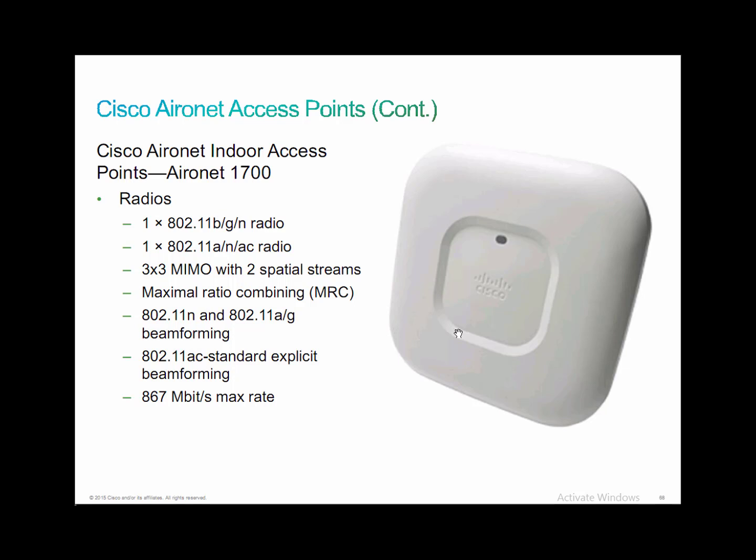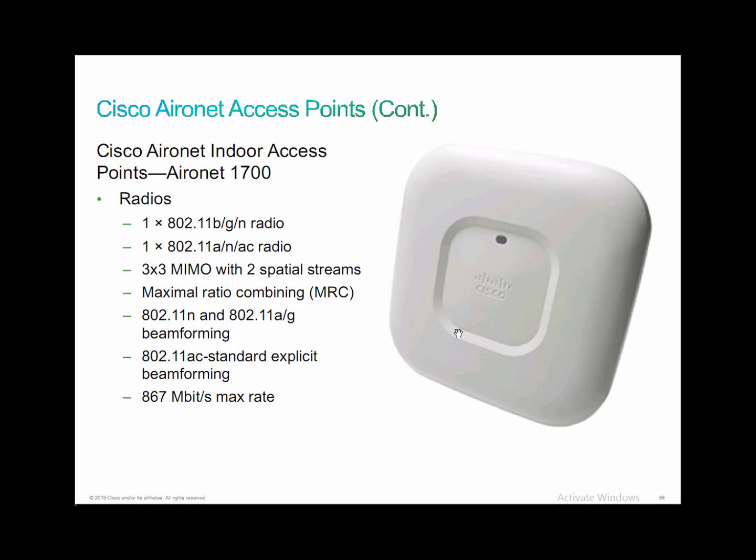It goes to 80 megahertz channels for 802.11ac, so we're not going to get Wave 2 in there, but we support 802.11ac Wave 1. Data rates up to 867 megabits per second. This is the first one that we've seen now that supports the Clean Air functionality. It is the Clean Air Express version, but it does support Clean Air. 2 10/100/1000 auto-sensing ports.